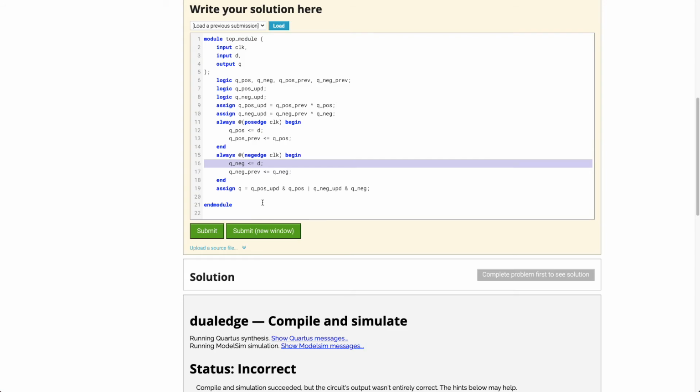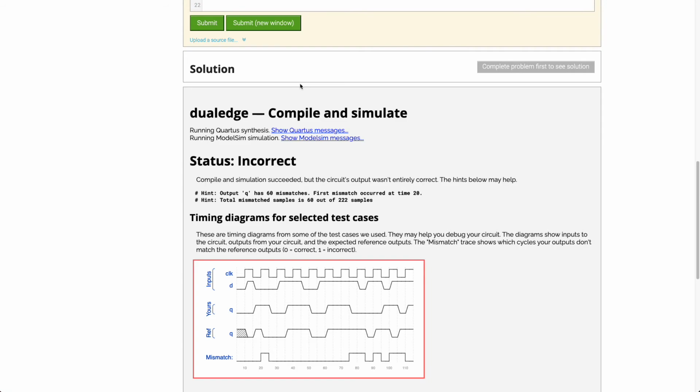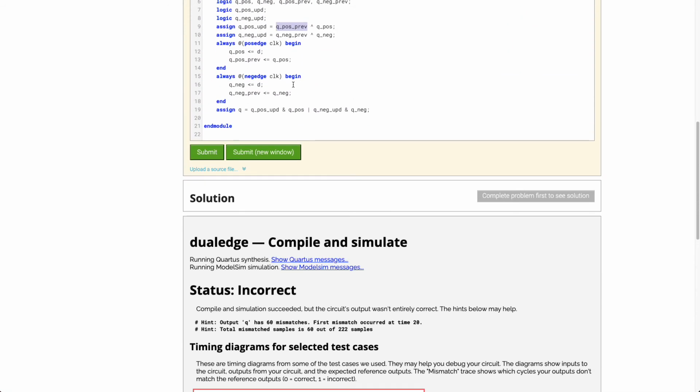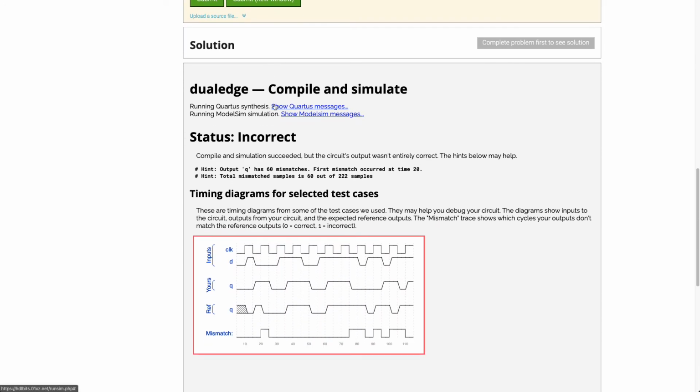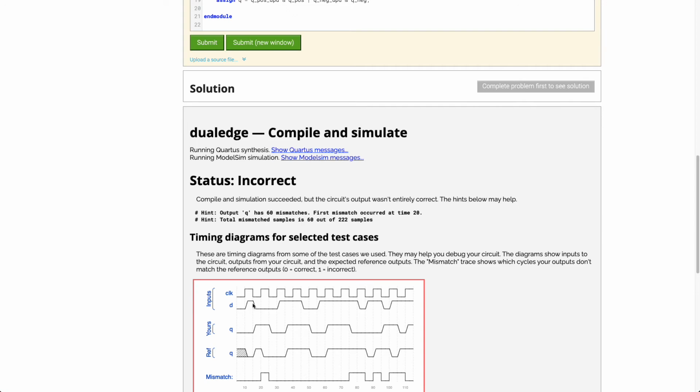So Q neg is 0. Wonder if I can do it like this: if I XOR these two, I'll know some update has happened, but I need to know which update has happened.